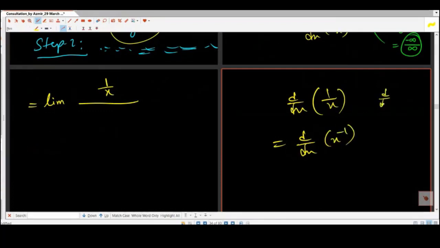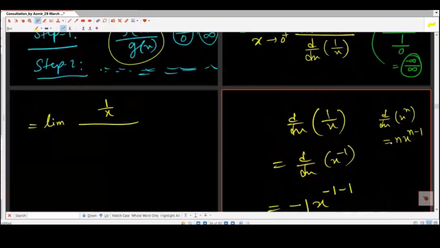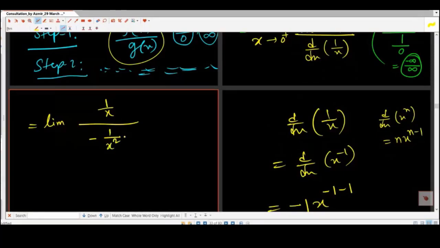So we know that d/dx of x to the n is n x to the power n minus 1. So differentiation of x to the negative 1 will be negative 1 times x to the power negative 1 minus 1. So finally we have negative 1 times x to the negative 2. So that is negative 1 over x squared. So this is the result what we can write in denominator.